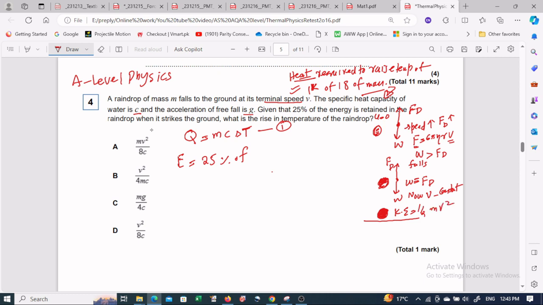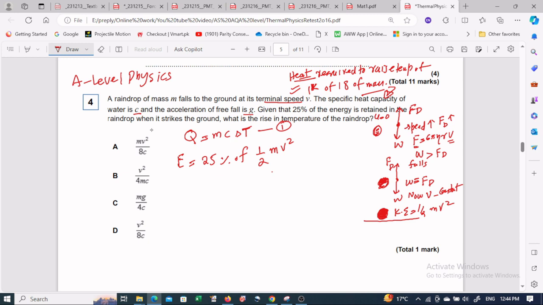It is given that after striking the ground it retains 25% of the initial kinetic energy. So 75% of the energy is lost, and only 25% is retained, and that is converted into heat, that is, into rise in temperature.